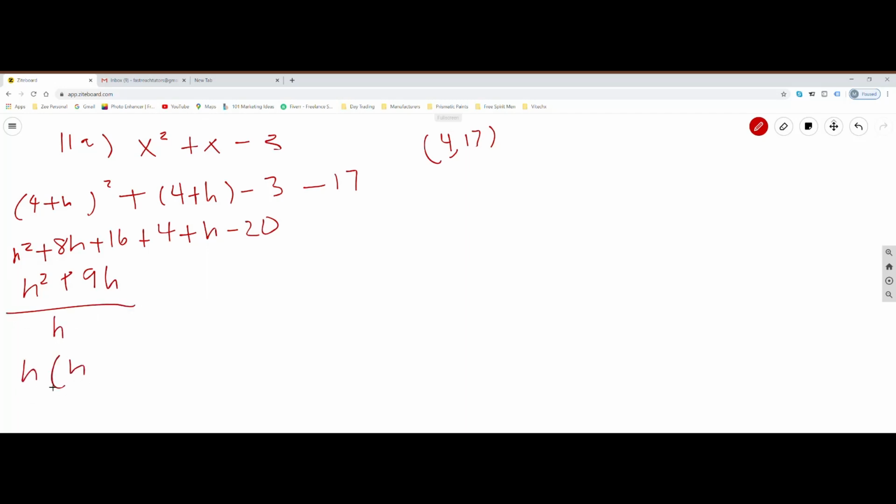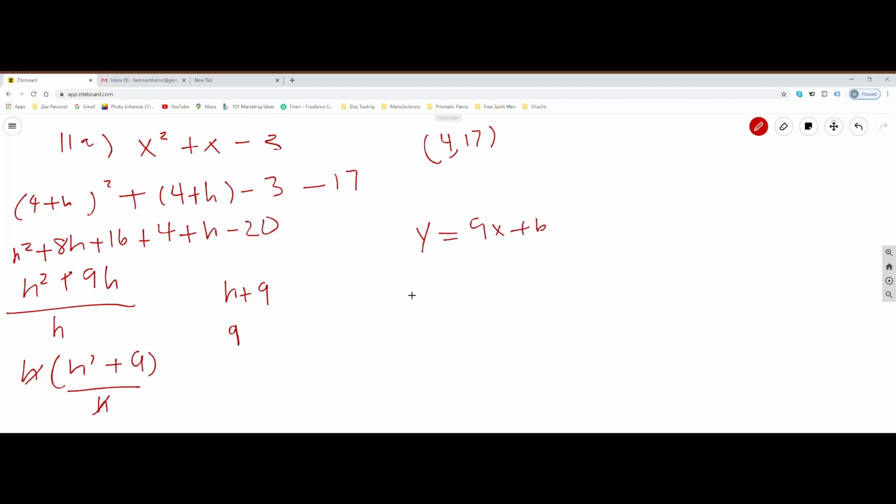Take a factor out the h, so you're left with h plus 9 over h. These cancel. You're left with h plus 9. And when you substitute 0 for h, you get 9. So we have to do the formula, which is y equals 9x plus b.